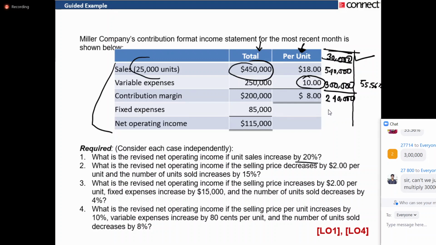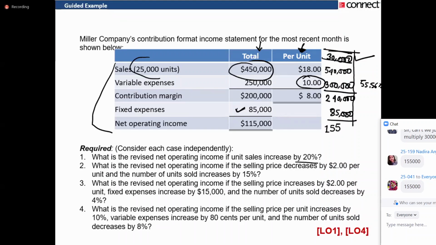And you see that we have no changes in the fixed expenses. It should be again 85,000. So with this 85,000, what should be the revised net operating income? $155,000.